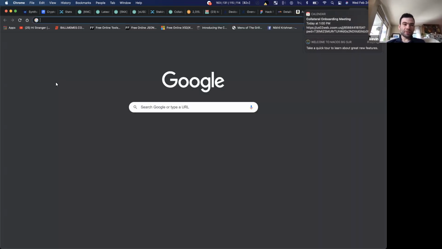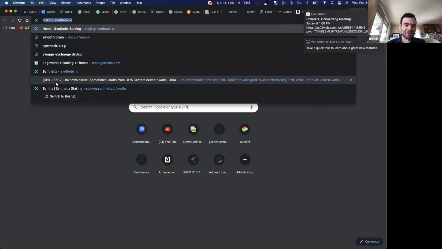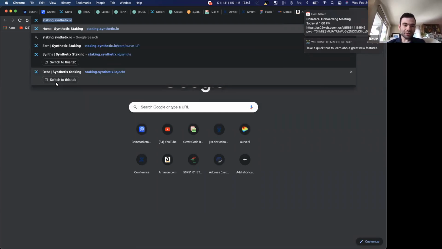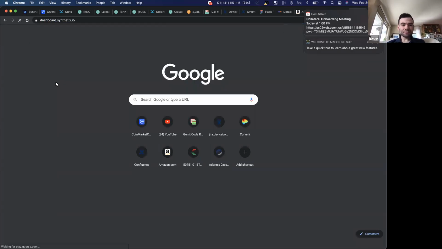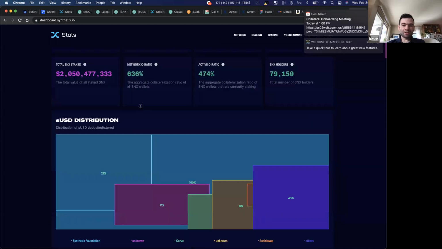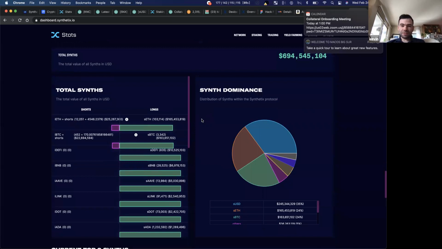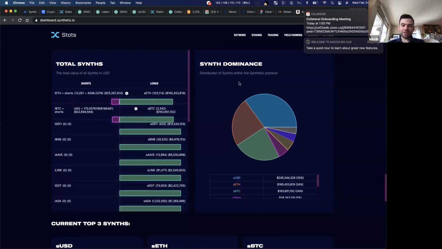So a good way of looking at this is the Synthetix dashboard. I look at this a lot. So you can see the synth dominance.